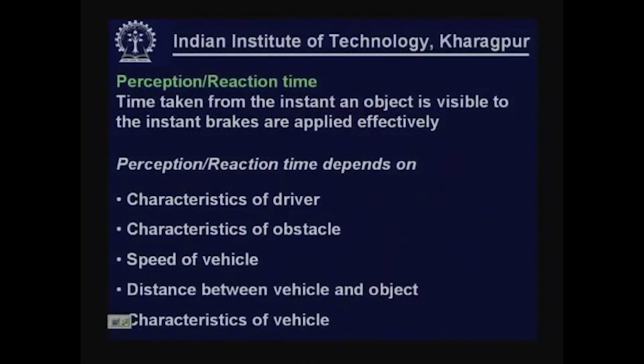But often these are considered together. So, we are calling this time the perception reaction time, which includes perception as well as the reaction. This is the time taken from the instant an object is visible to the instant brakes are applied effectively.